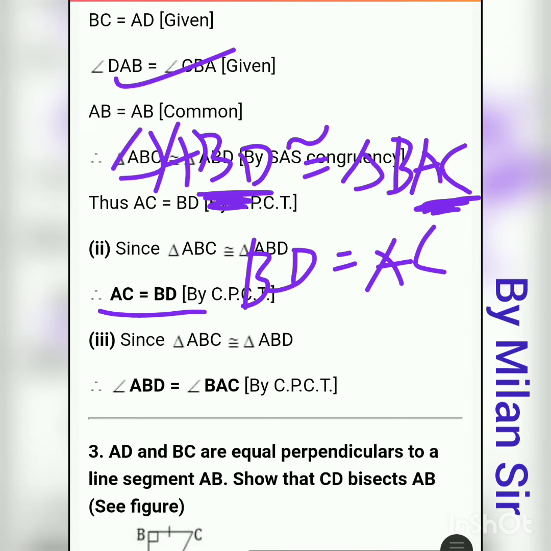So BD at second and third position, here second and third position is AC. So BD is equal to AC, and the reason is by CPCT. Okay, so here we write BD is equal to AC.